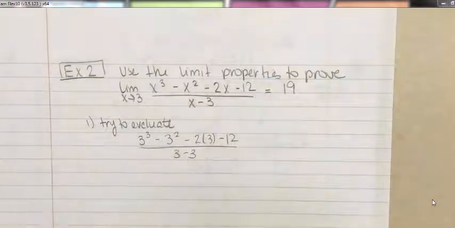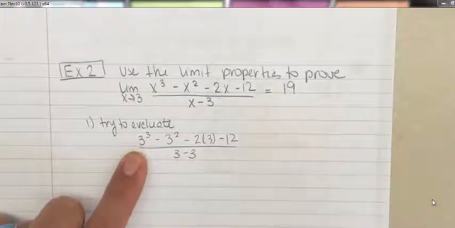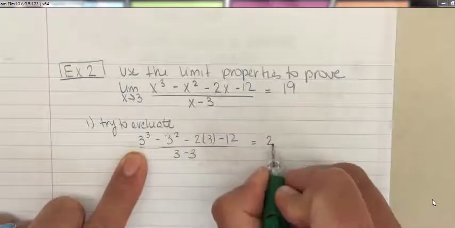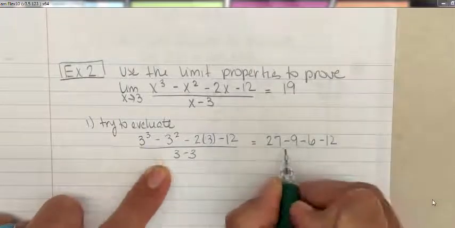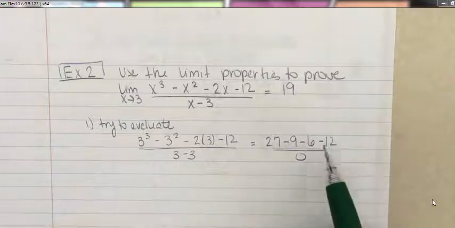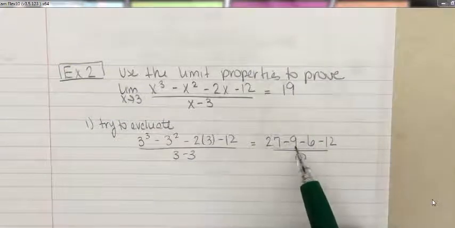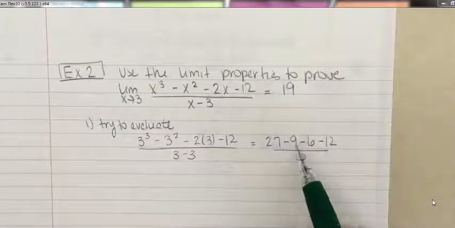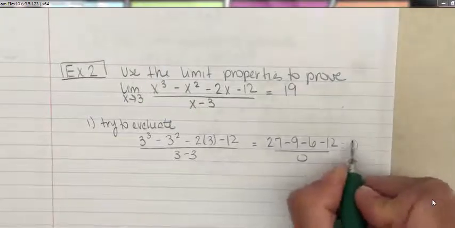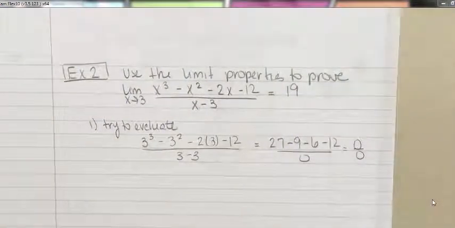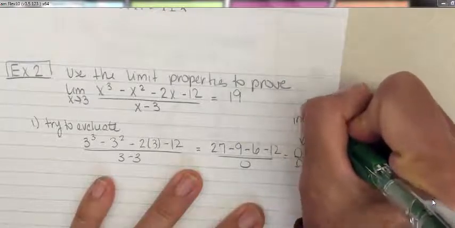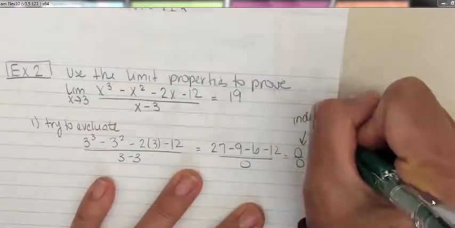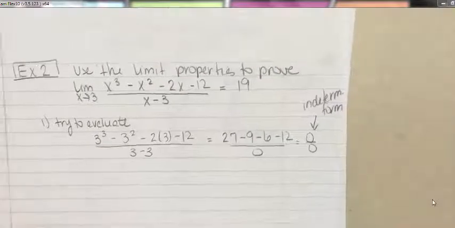This is either going to be undefined or indeterminate. This is 27 minus 9 minus 6 minus 12 all over 0. That's negative 18, negative 27, so it's 27 minus 27 over 0, or in other words, 0 over 0. Well, guess what this is? This is the indeterminate form. So I can't be done. I can't just say it's indeterminate, I don't know.